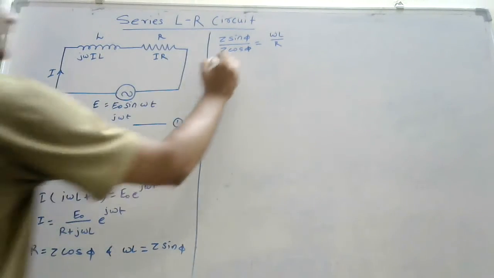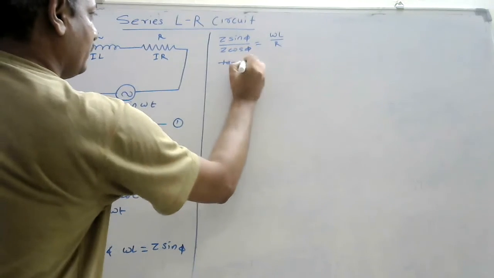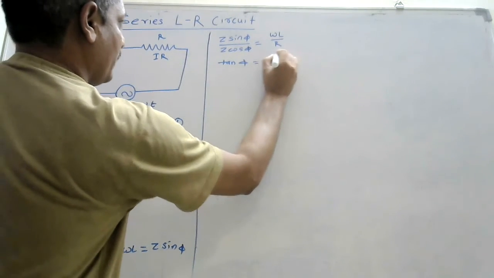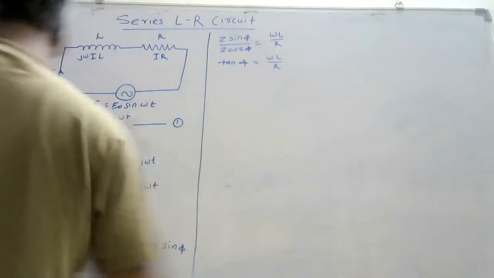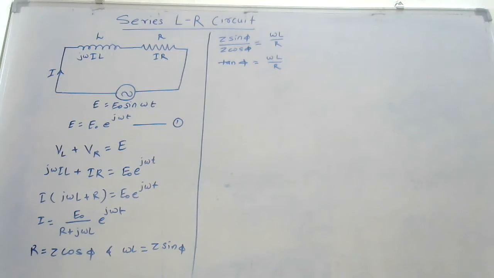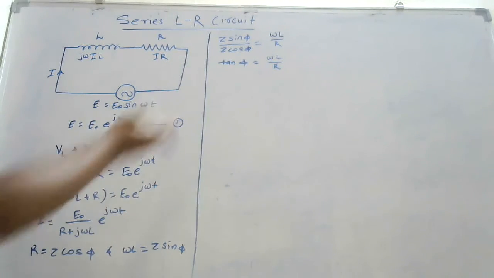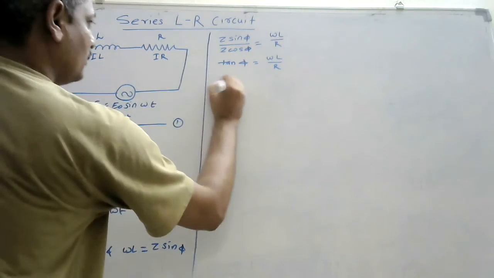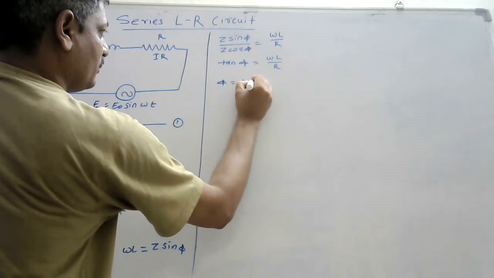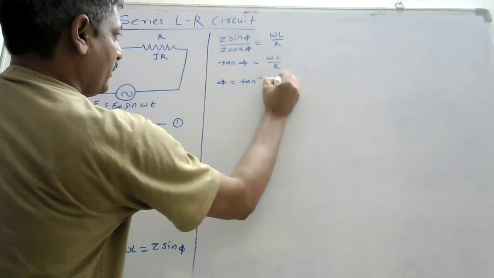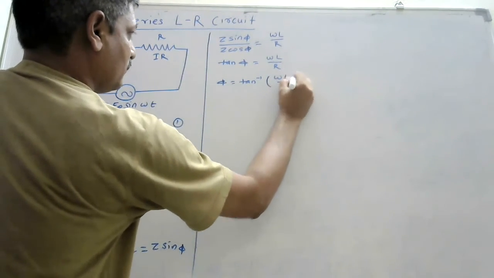Sin phi upon cos phi is tan phi. So tan phi equals omega L upon R. From this expression we find phi equals tan inverse of omega L upon R.